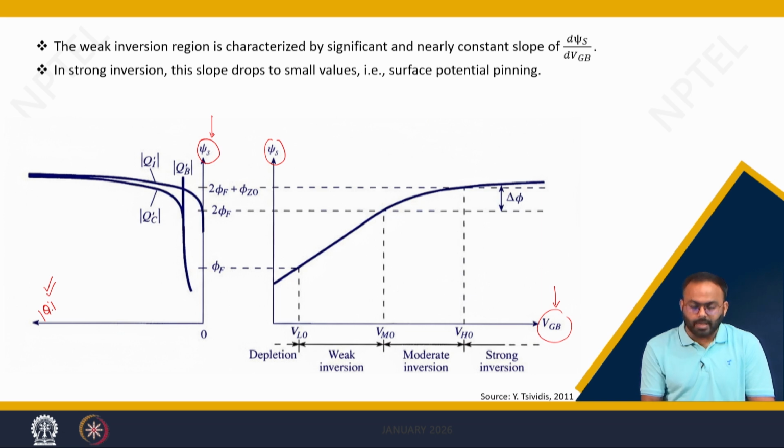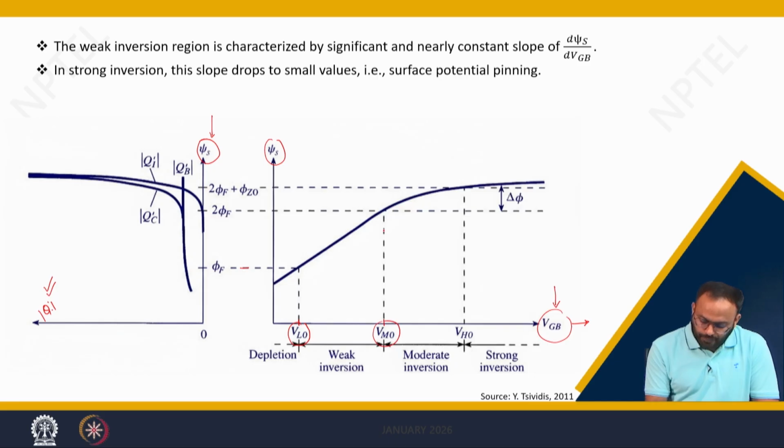If we plot side by side, it will be easy to understand the significance of each parameter. Here we have plotted VGB. We are increasing the VGB value in such a way that at VLO the surface potential is phi f, and at VMO the surface potential is 2 phi f. So this is the onset of weak inversion, and this is the upper limit of weak inversion. The weak inversion can be defined as the region where the slope delta psi s by delta VGB is almost constant.